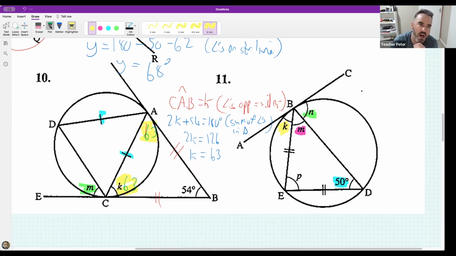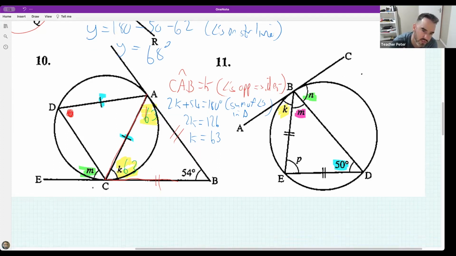Tangent chord, I think we could work out what this is, because it's the angle between the tangent and the chord. And so D must be 63, which means that must be 63 because those two are equal. So what is M going to be then?